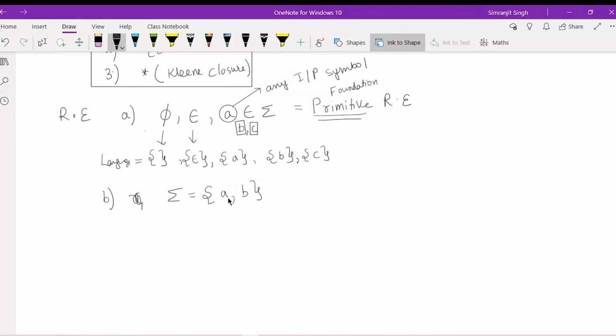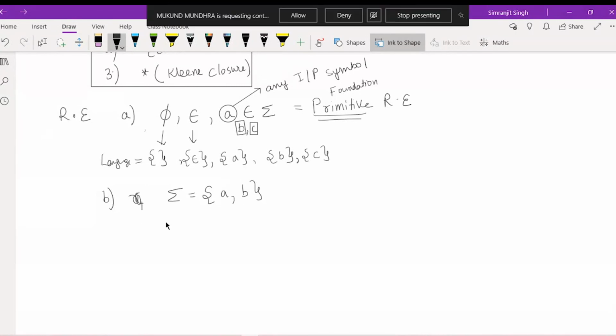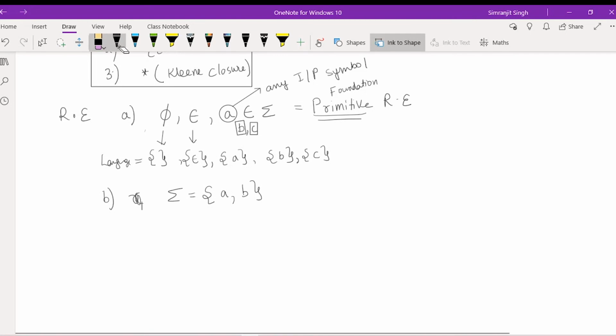If there are two inputs, now the foundation or the primitive regular expression becomes your language A and B. If I write it in the form of a regular expression, I can call this one regular expression and this regular expression two.